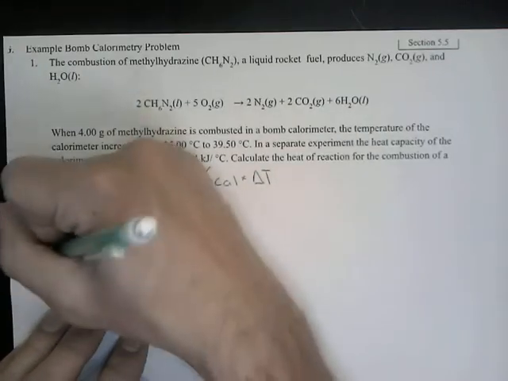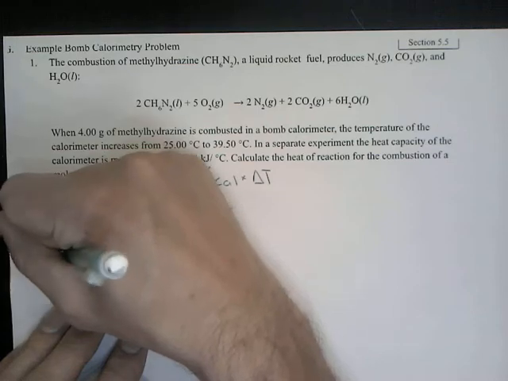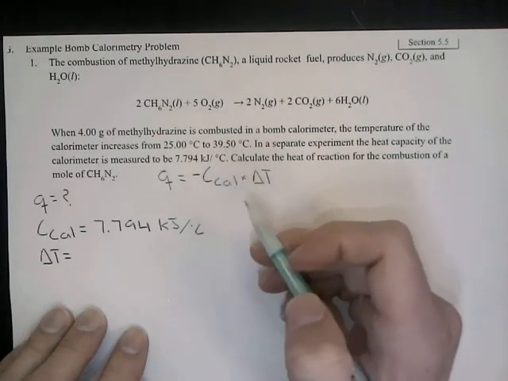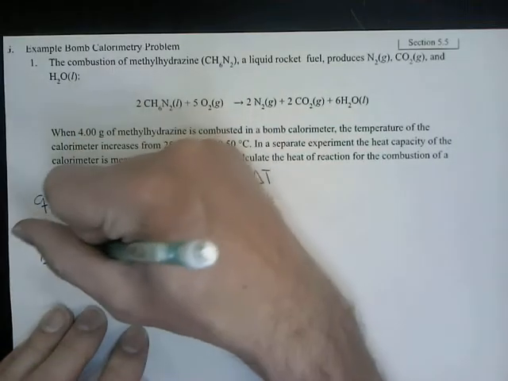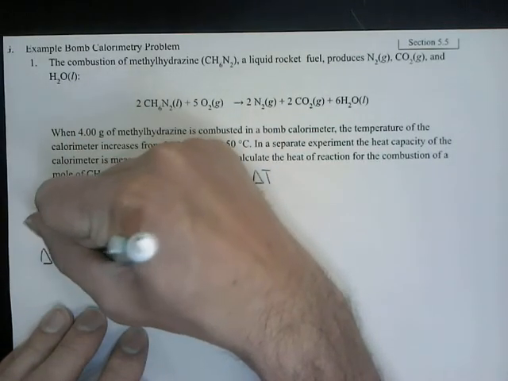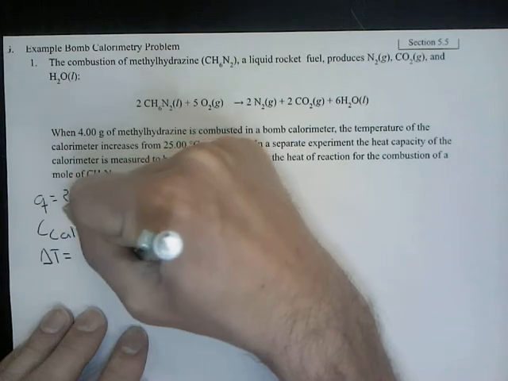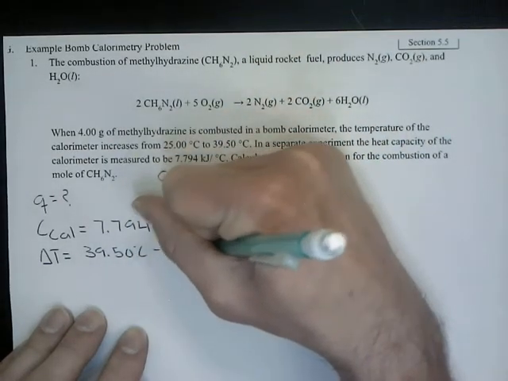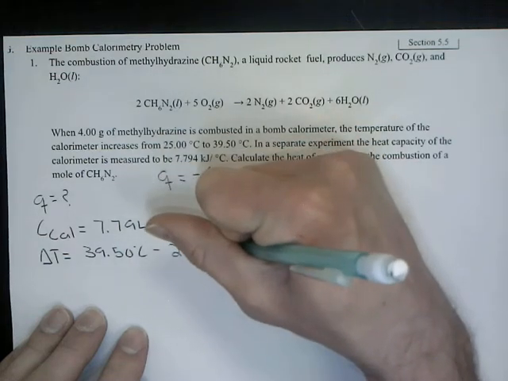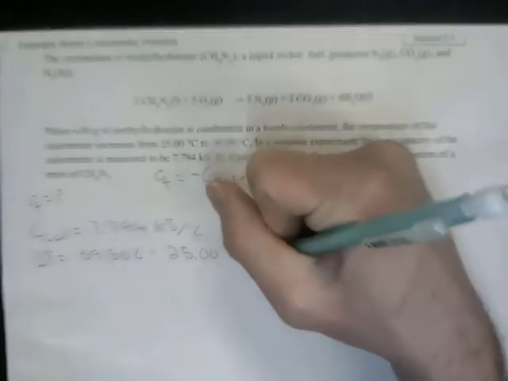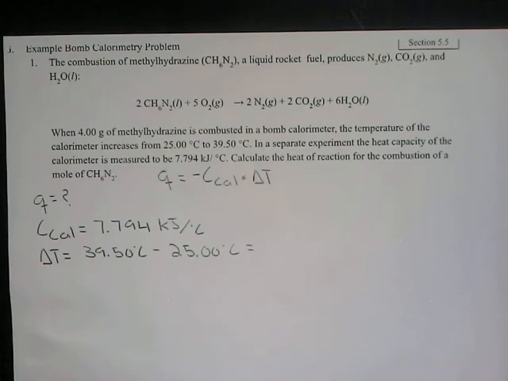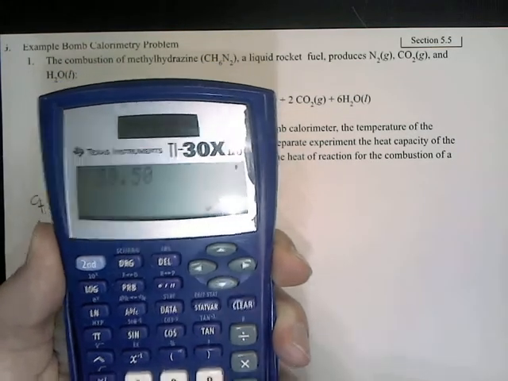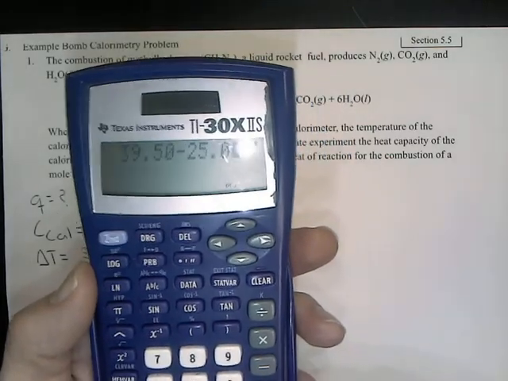And our delta T, remember, is always final minus initial. Our final temperature was 39.5 degrees Celsius minus our initial temperature of 25.00 degrees Celsius. So we do this real quickly on our calculator: 39.50 minus 25.00.